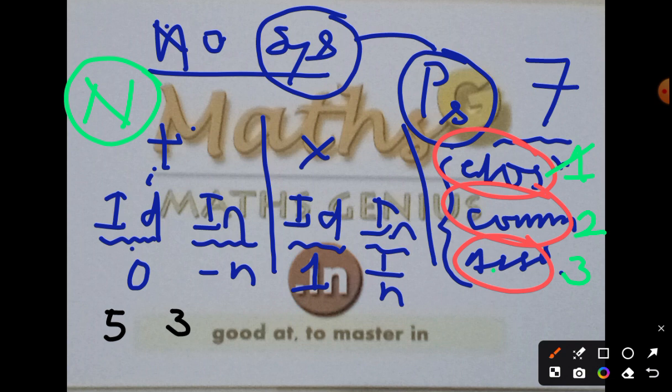These two are natural numbers. So 5 is a natural number and 3 is a natural number. We add them up, we will get 8 and that is a natural number.